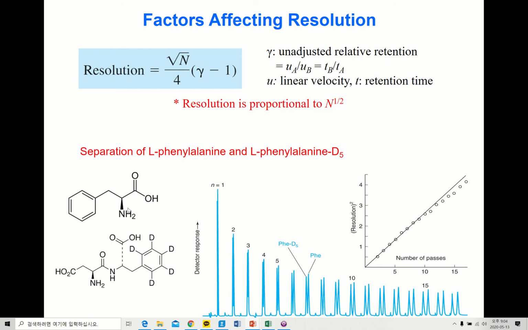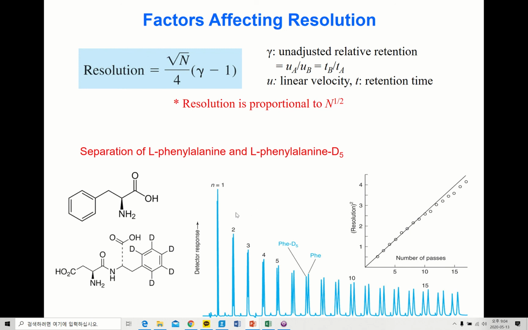This one is a little bit heavier than the original L-phenylalanine. And since there is a small mass difference, theoretically it is possible to separate these two, but it is not very simple. Let's assume you have these two compounds in the same solution, with the same concentration, and you run the chromatography.